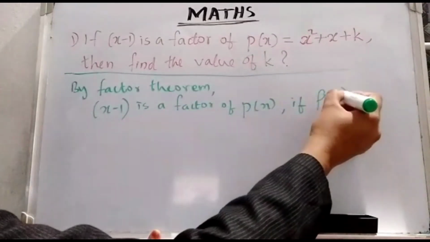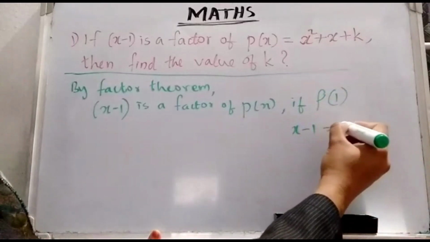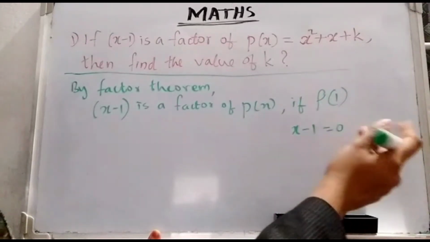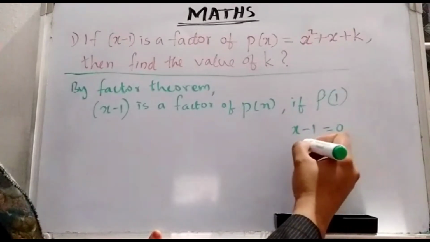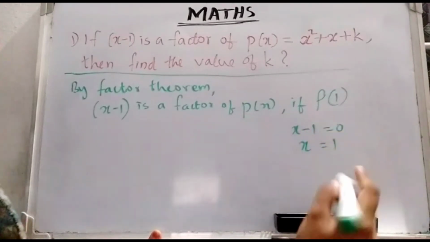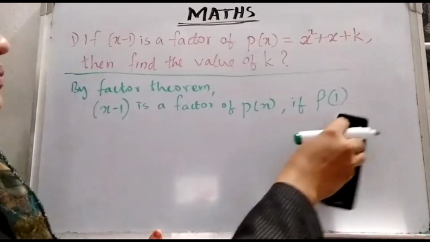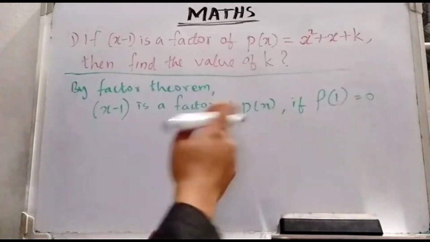How P of 1? x minus 1 is a linear polynomial; equate this polynomial equation to 0. Take x minus 1 is equal to 0, then x is equal to 1. That is P of 1. So equal to 0. This is factor theorem.